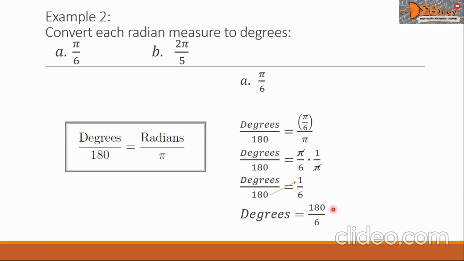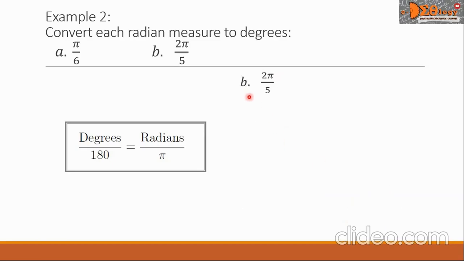And when we get the quotient, the answer will be 30. Of course, we will not forget the symbol for degrees. We will put that small o exponent to denote degrees. So our answer here is 30 degrees. To conclude, the radian pi over 6 equals 30 degrees. This is our final answer.